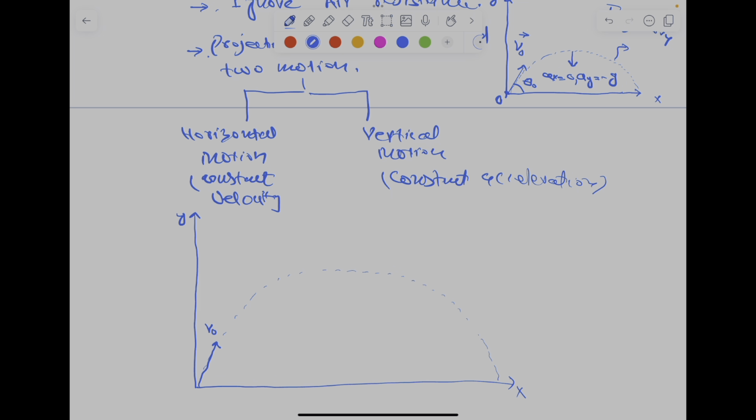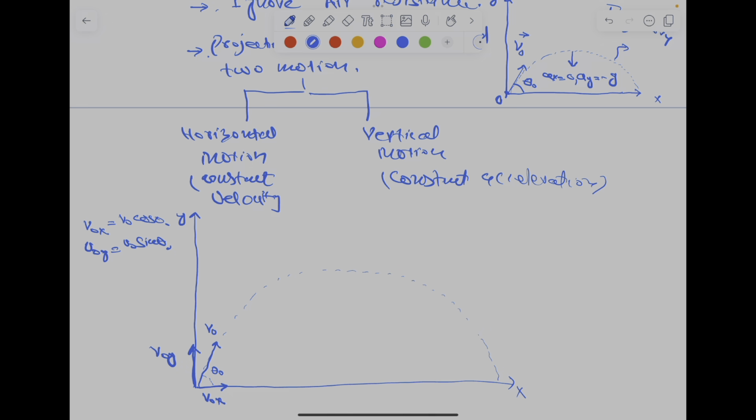At every moment in time it has some component of initial velocity along x and some component along y, and it's making an angle theta naught. And we know the x component is v naught cos theta naught, and v naught y is v naught sine theta naught.